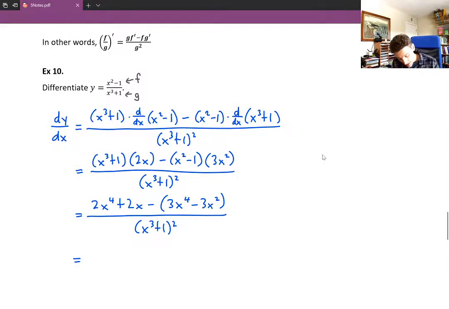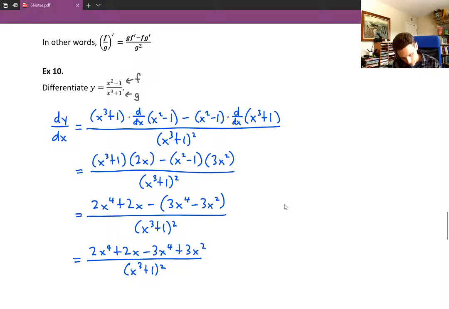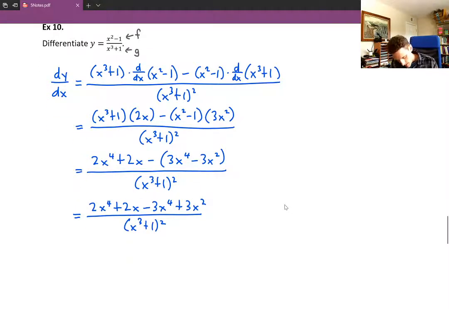So now we can distribute that negative right there, which flips the sign of each of the terms that it distributes to. And we've got 2x to the fourth plus 2x minus 3x to the fourth plus 3x squared over the bottom. And then we can combine like terms.